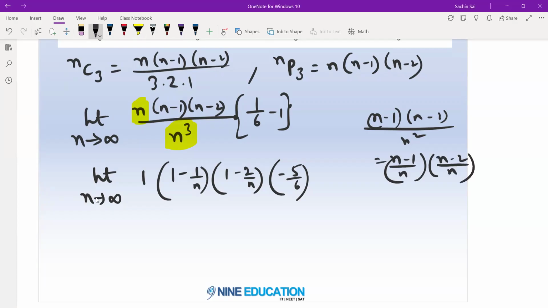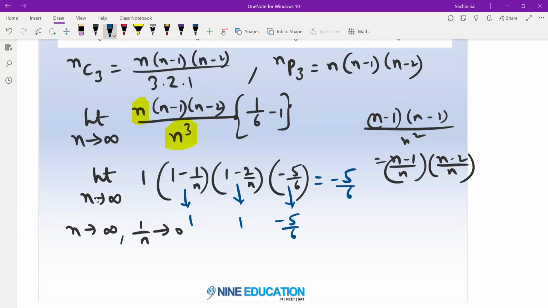So that's how I get 1 minus 1 by n into 1 minus 2 by n. Now as n tends to infinity, 1 by n tends to 0, right? Which means this term tends to 1, this term tends to 1, and you already have minus 5 by 6 here, which means the value of the limit is minus 5 by 6, right?